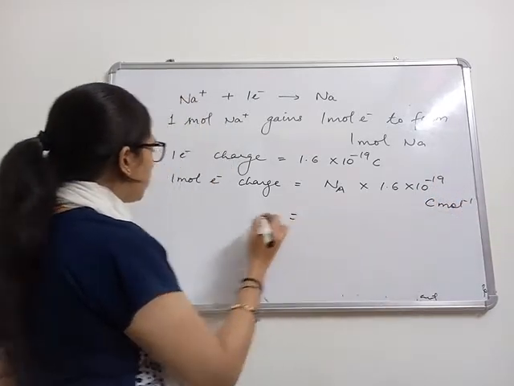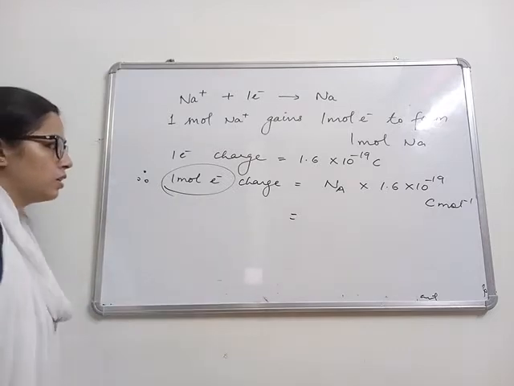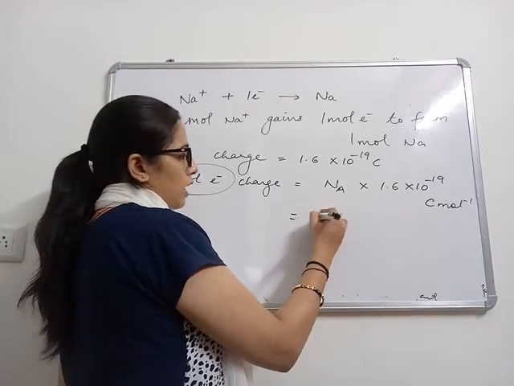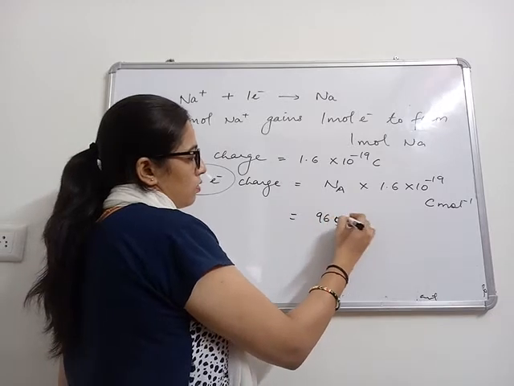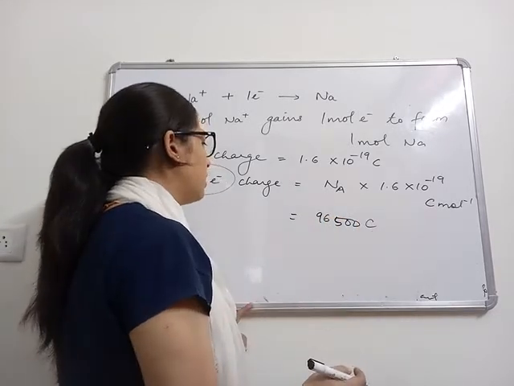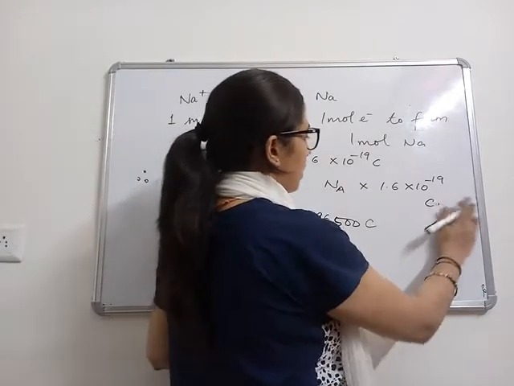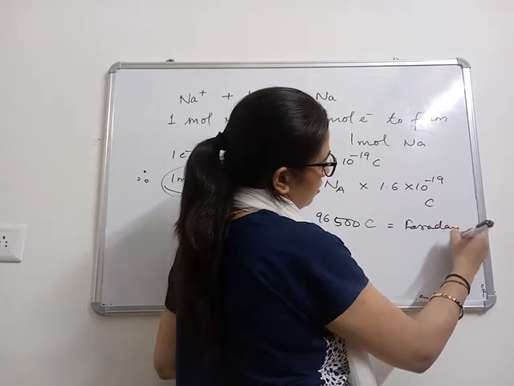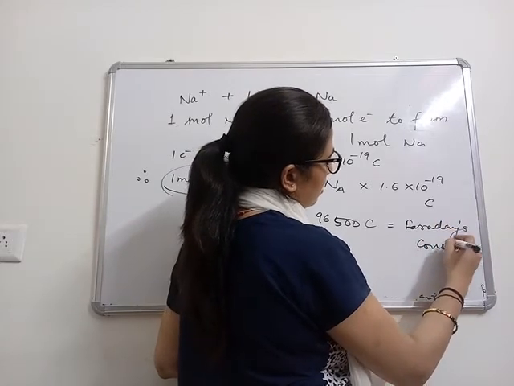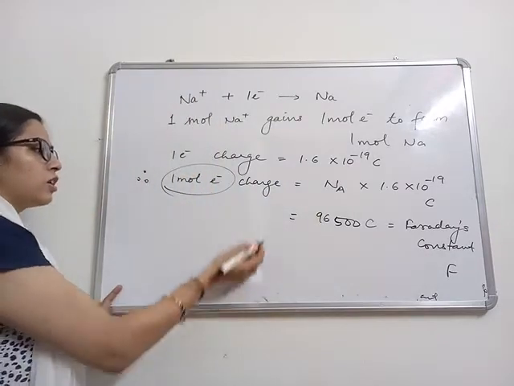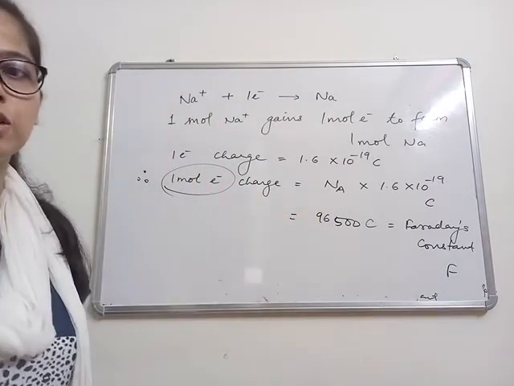1 mole electron would have a charge of Avogadro number into 1.6 into 10 to the power minus 19 coulomb per mole, and the quantity of electricity required by 1 mole electron is 96,500. When you multiply this, you will get 96,500 coulomb, and this is called Faraday's constant, that is F. So the charge of 1 mole electron is 96,500 coulomb.